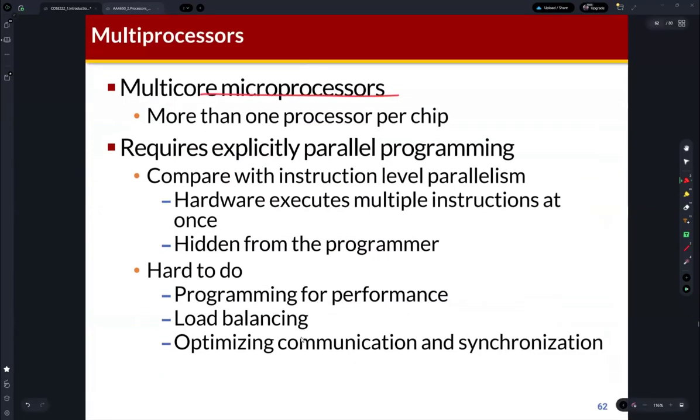So we require parallel programming. Using the multi-core architecture, we cannot increase the performance of a single core or of a single-threaded application. In order to increase the performance, we need to develop parallel applications, right?